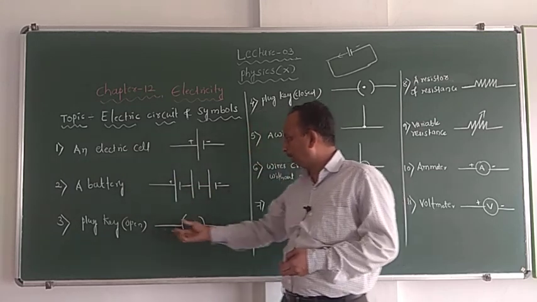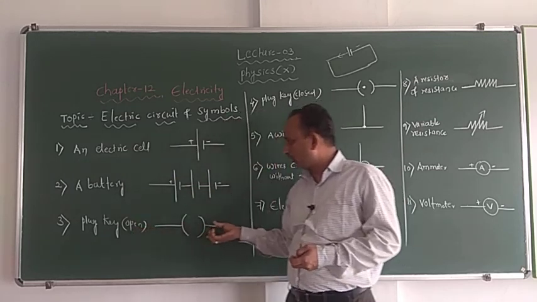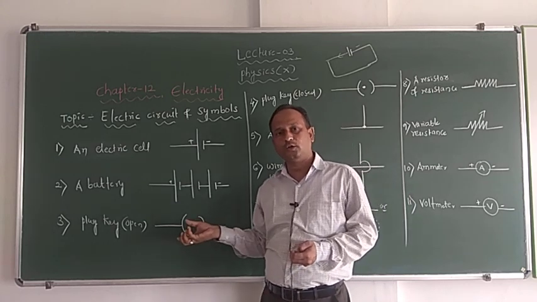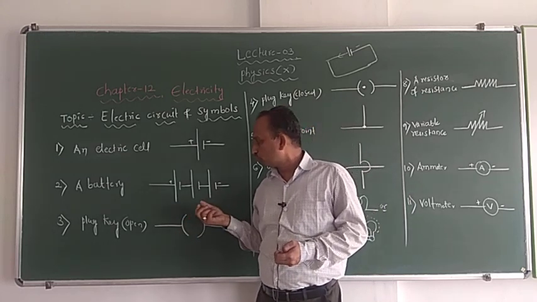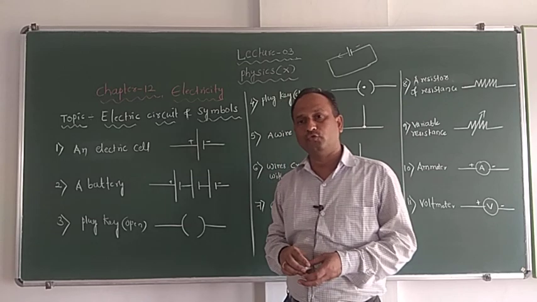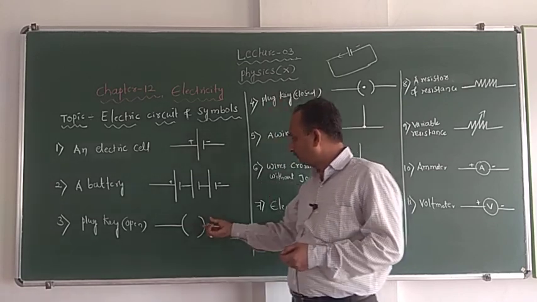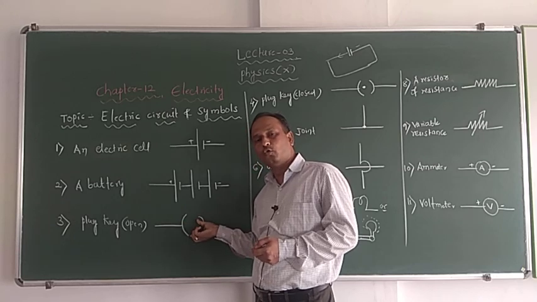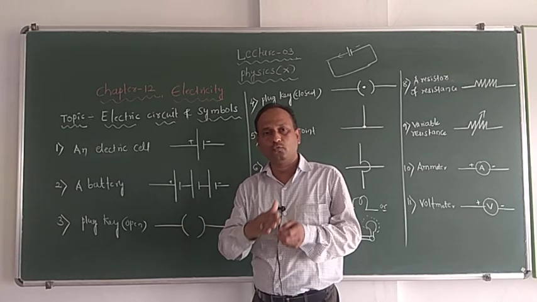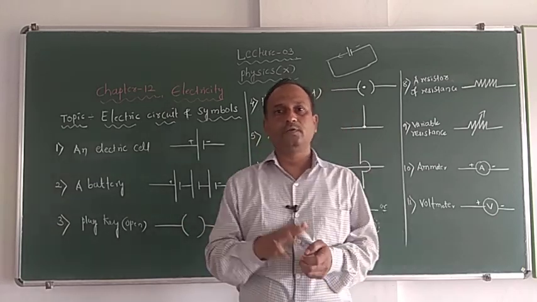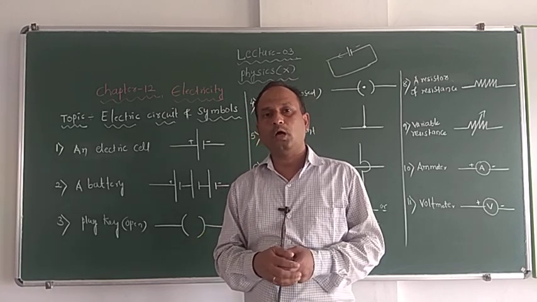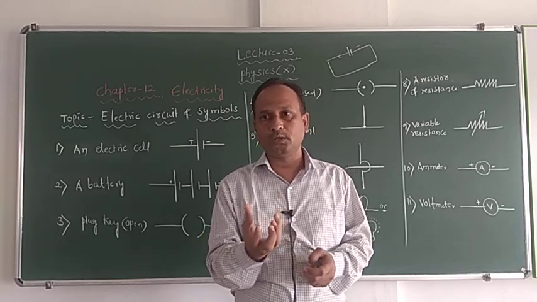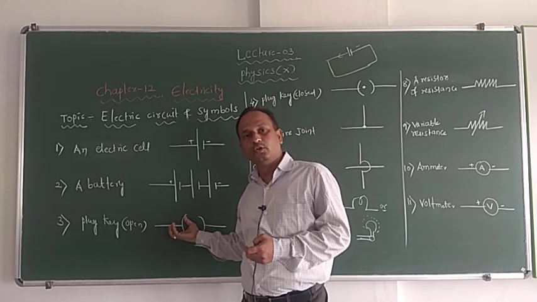Now we come to the plug key. The plug key allows or disallows the flow of current in a circuit. It is like an on-off switch. When the switch is open, that is, the plug is open, there will be no flow of current in the circuit. When there is no flow of current, the devices won't glow, and if we connect a bulb to that circuit, the bulb will not glow.